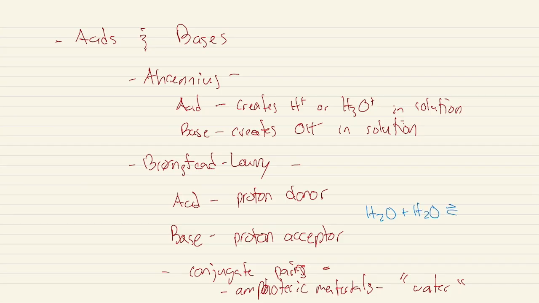We're going to look at this specific relationship today: water goes to OH minus aqueous plus H3O plus aqueous, where one water molecule acts as a base because it has accepted a proton, and the other water molecule acts as an acid because it has donated a proton.